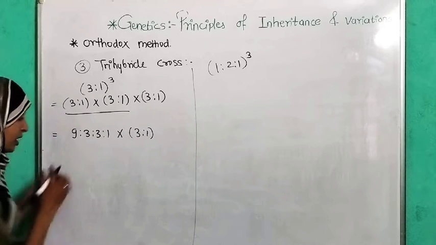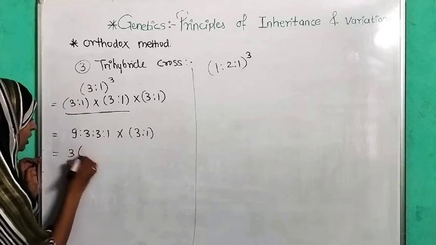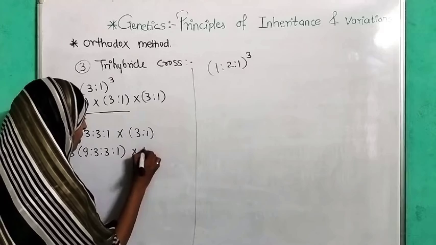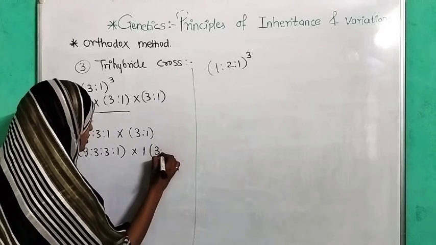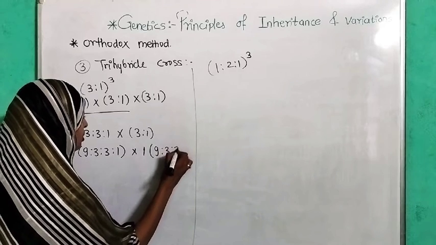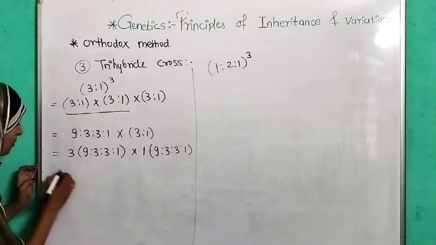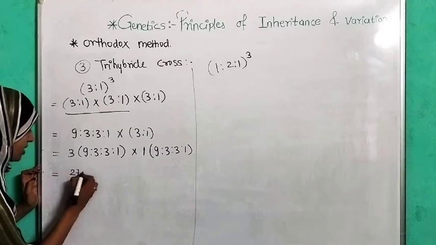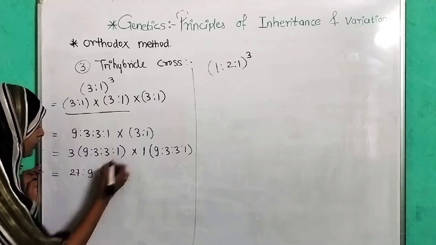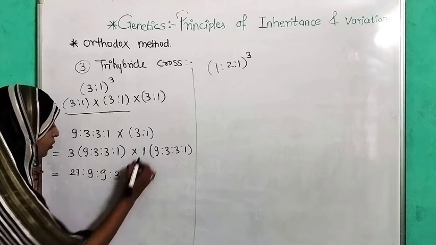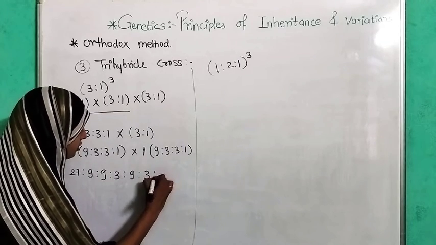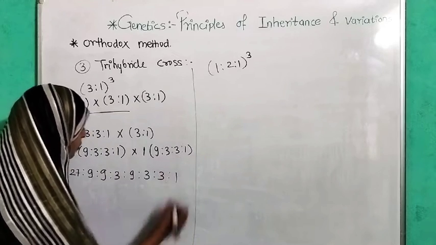So we get 3 into 9:3:3:1 and 1 into 9:3:3:1. 9 3s are 27, 3 3s are 9, 3 3s are 9, 3 1s are 3, 9 1s are 9, 3 1s are 3, 3 1s are 3, and 1 1 is 1.